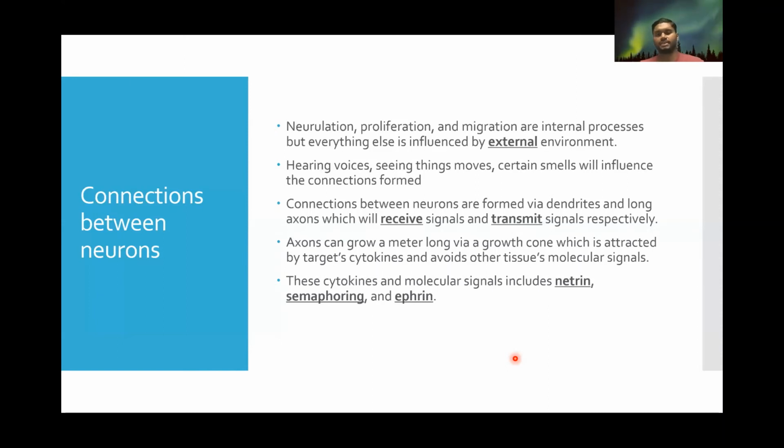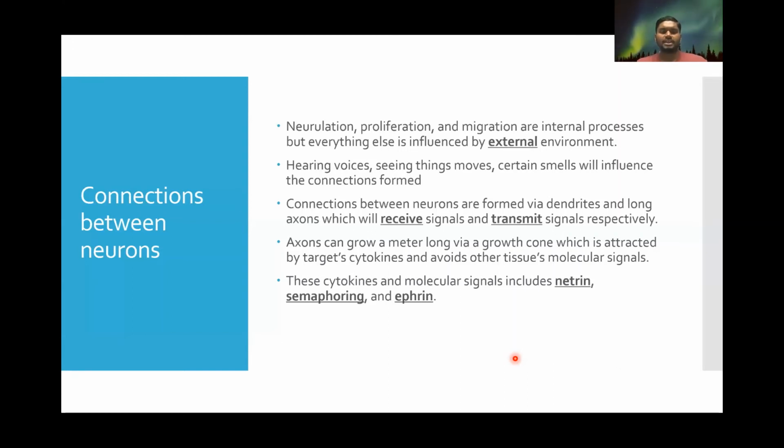They hear different things. These all form connections between these neurons, and it's all due to the external environment. And we'll talk about later, if there is no external stimuli for these neurons to fire off, then they'll actually be destroyed. We'll talk about that later, very soon, actually.